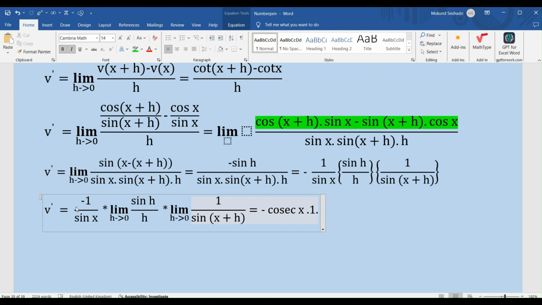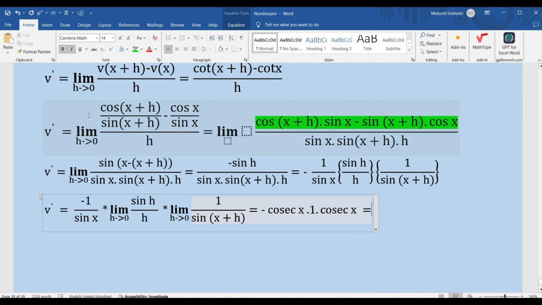Sine is a continuous function. And therefore, for continuous functions, limit h tending to 0, 1 by sine of x plus h is nothing but my f of x, right? Which is nothing but my 1 by sine x, which is again a cosecant of x, right?